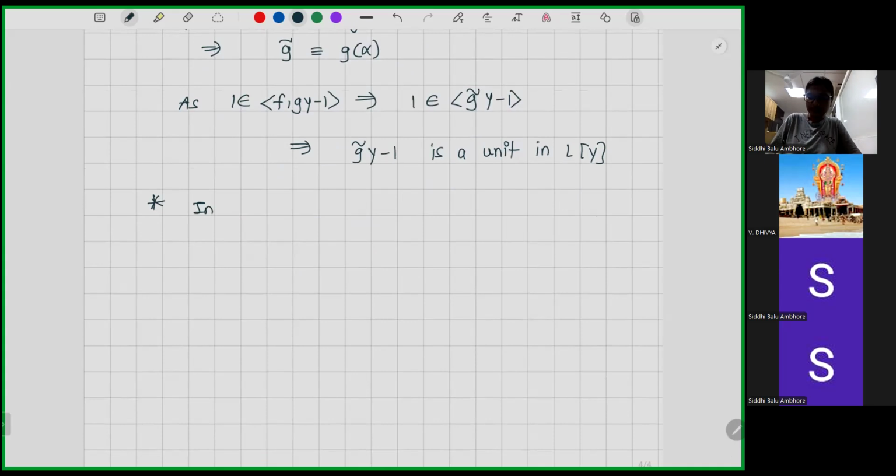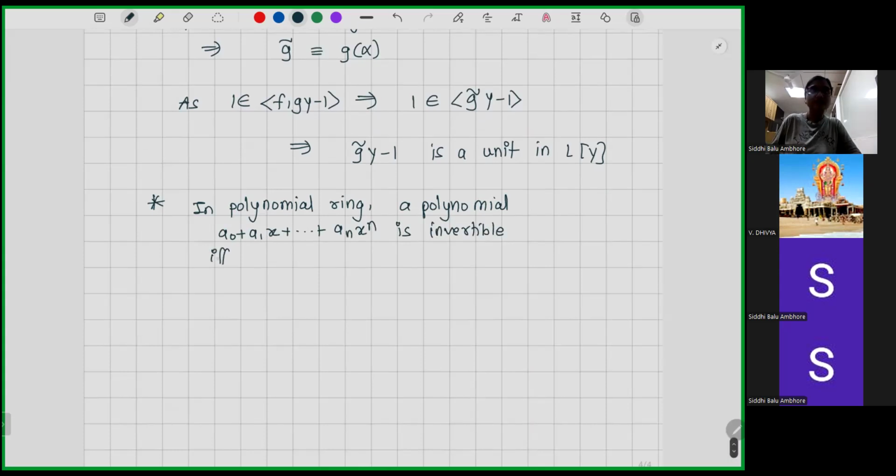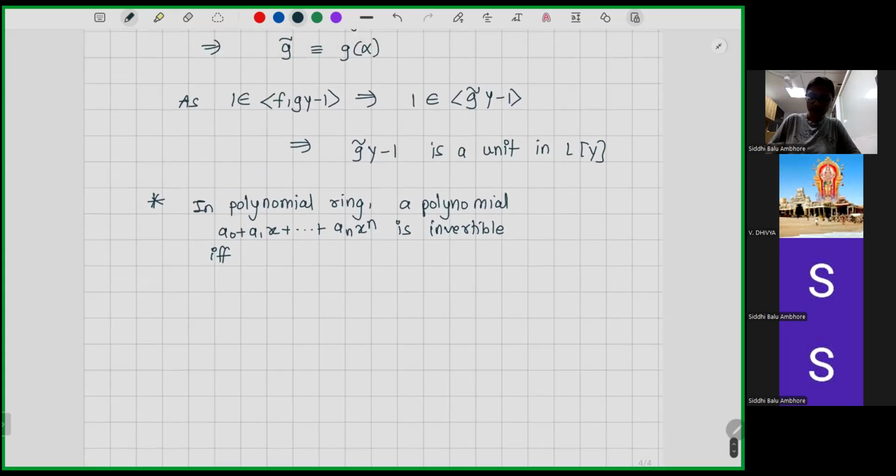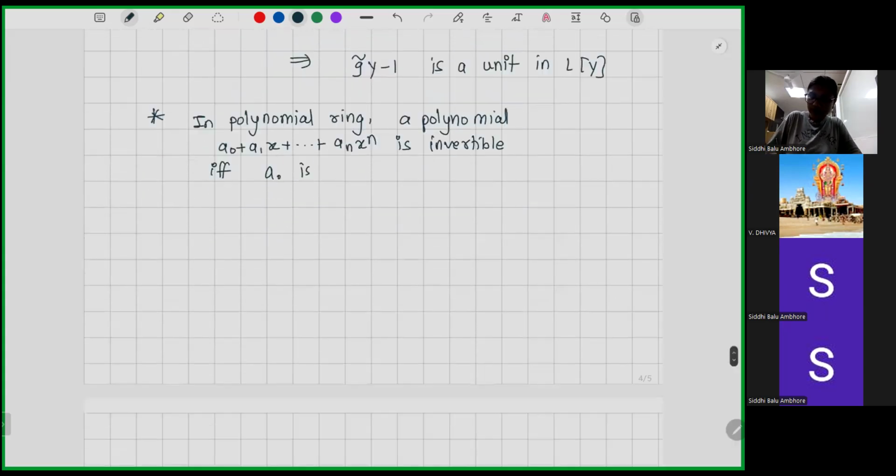This is a well known result, and it is also an exercise in the first chapter of the Atiyah-MacDonald book, Introduction to Commutative Algebra. It says that in a polynomial ring, a polynomial of the form a_0 + a_1 x + ... + a_n x^n is invertible if and only if a_0 is a unit and all these a_i, a_1 to a_n, are nilpotent.